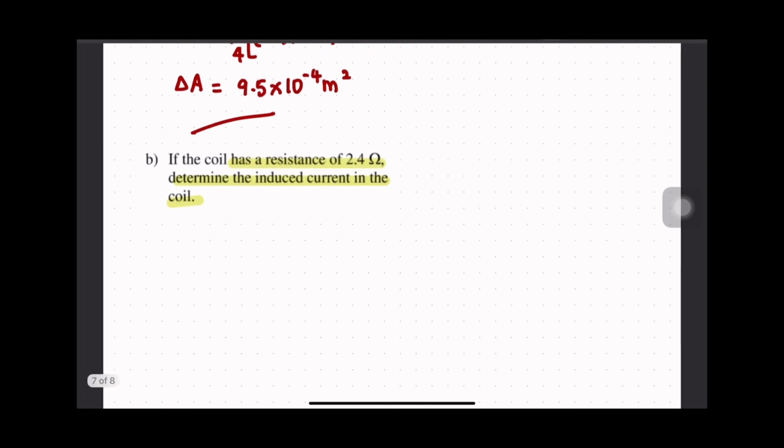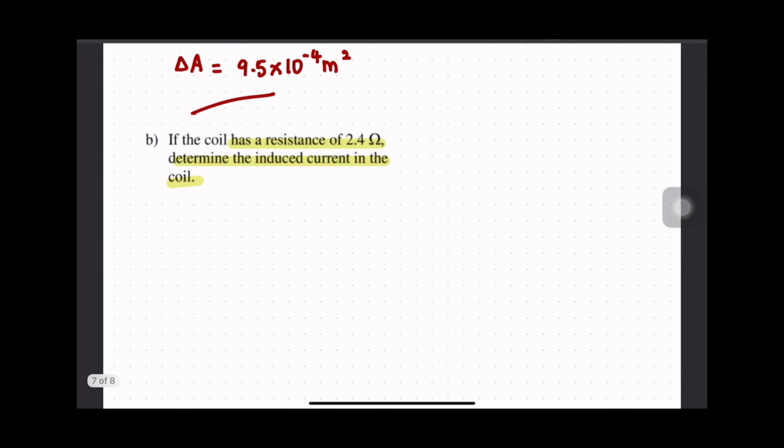Okay, jadi kalau nak cari induced current, you kena cari dulu induced EMF lah. Induced EMF is equal to negative N B cos theta dA per dt.